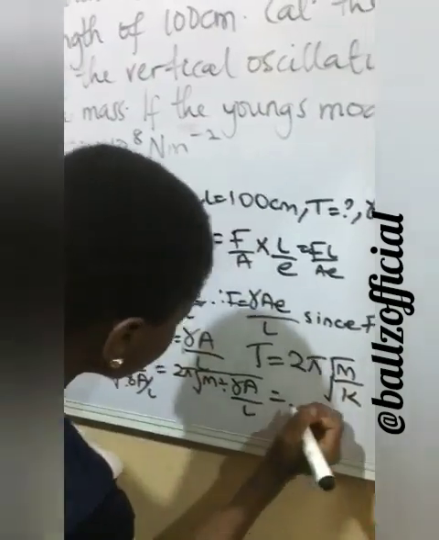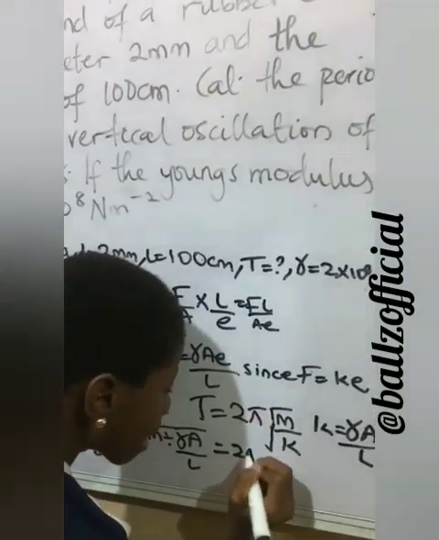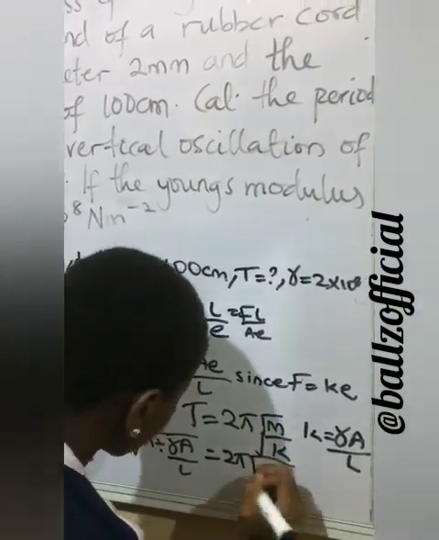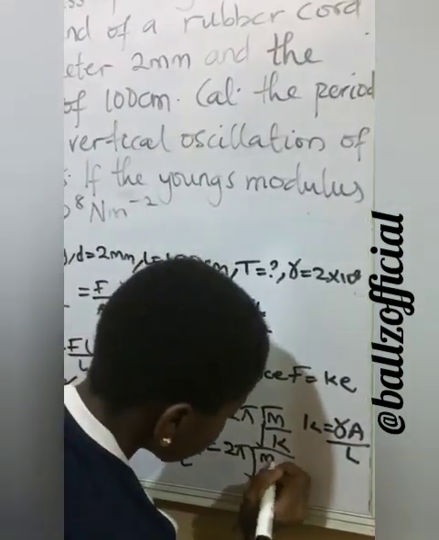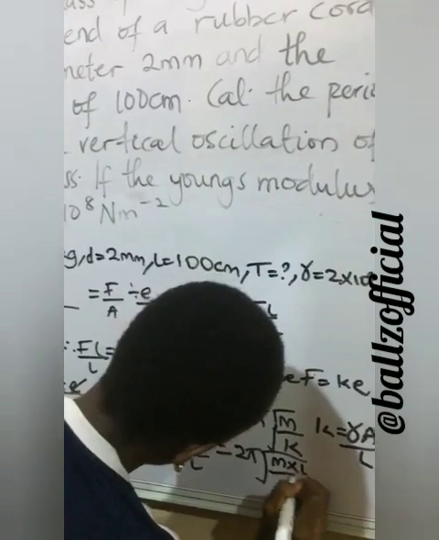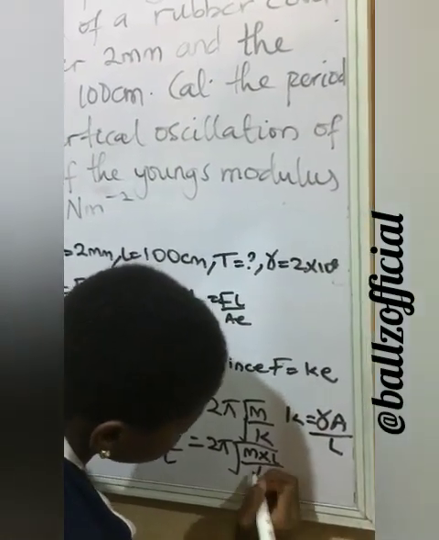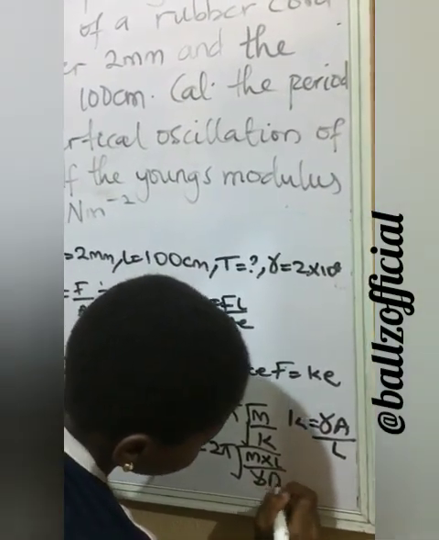Therefore, T is going to be equal to 2 pi root. To change divide to times, we invert as usual. That will be m times L all over Young's modulus times A.